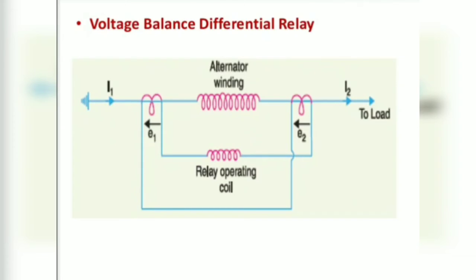Now the voltage balance differential relay. The figure shows the arrangement of voltage balance protection. In this scheme of protection, two similar current transformers are connected at either end of the element to be protected, for example an alternator winding.